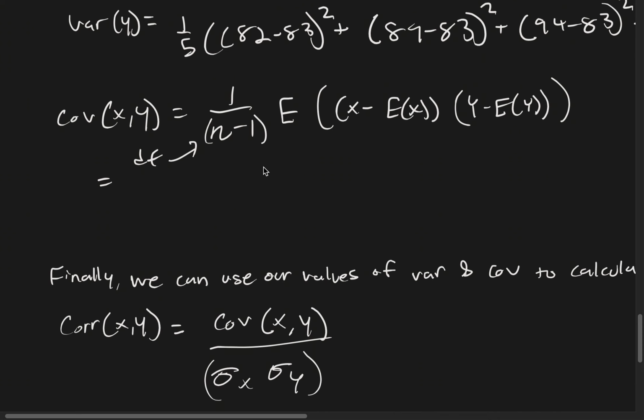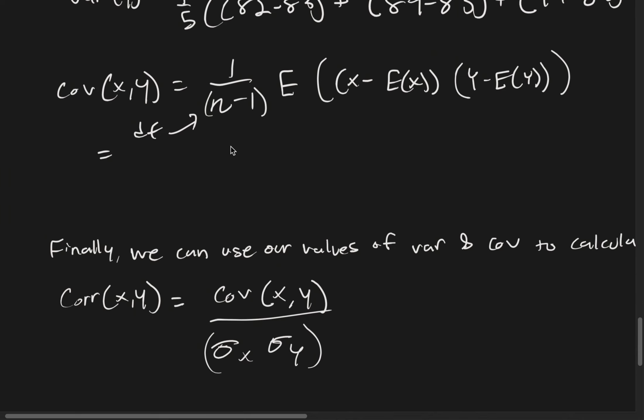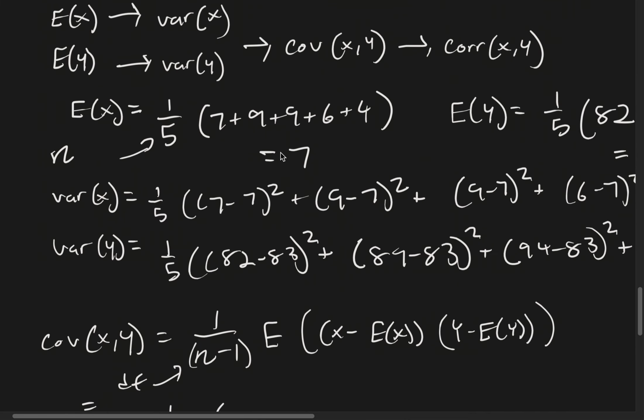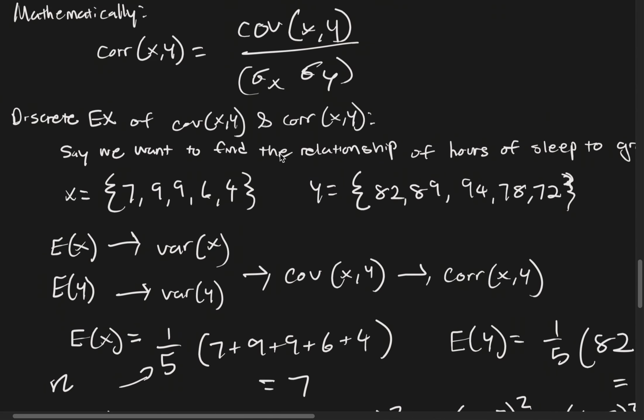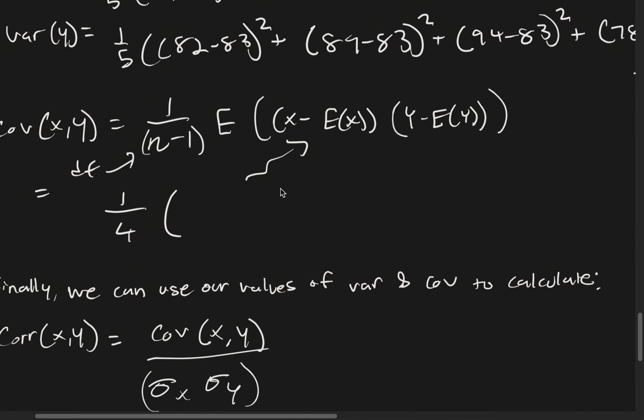I'll go over that later, but we are using 2 variables instead of 1, so oftentimes now we have to subtract the sample size by 1. Okay, so the covariance in this case is sample size minus 1, so our sample size is 5, so we'll do 4. And then we'll simply just plug in the covariance formula that we are given here.